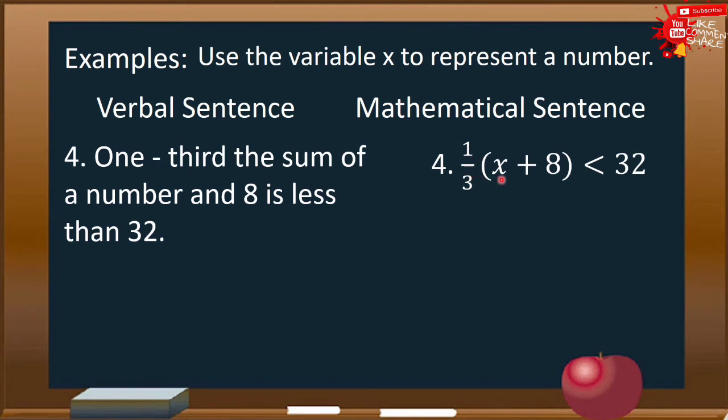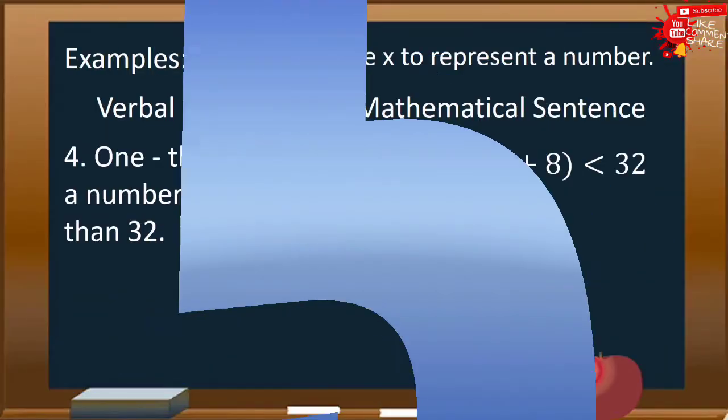So 1/3 of the sum of a number and 8. That's why we have this symbol. Then we have is less than, so we have the symbol for is less than. Then we have 32. Excuse me. This is the mathematical sentence for example number 4, wherein we have 1/3 the sum of a number and 8 is less than 32.